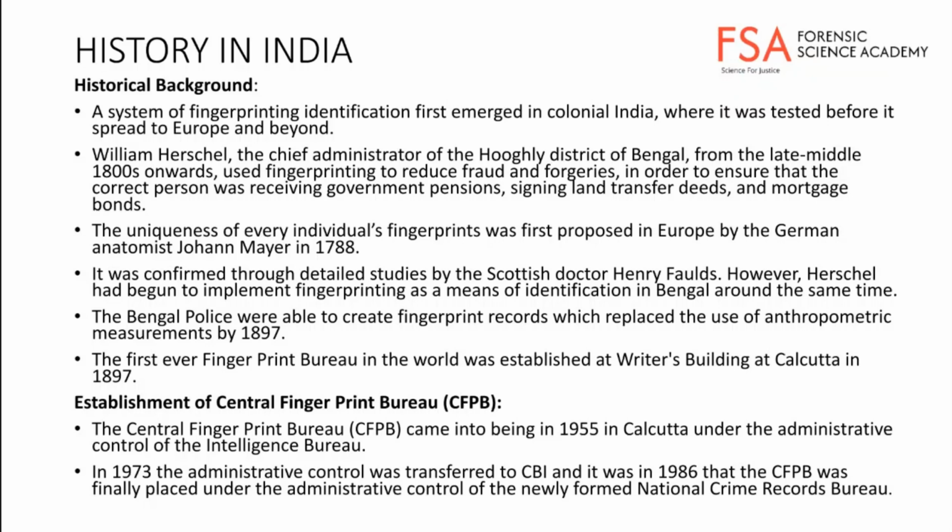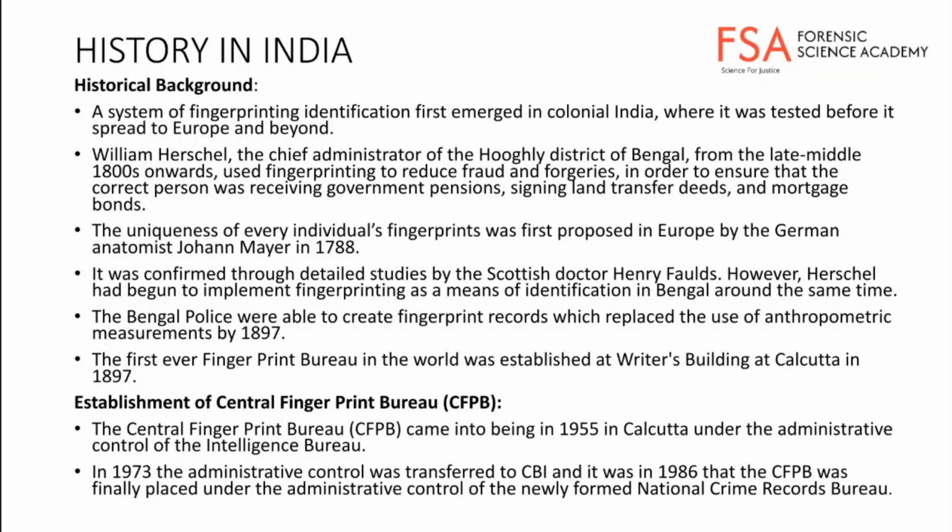The Bengal police were able to create fingerprint records which replaced the use of anthropometric measurements by the year 1897. The first ever fingerprint bureau in the world was established at the Writers' Building at Calcutta in the year 1897, which we have already discussed in this video.